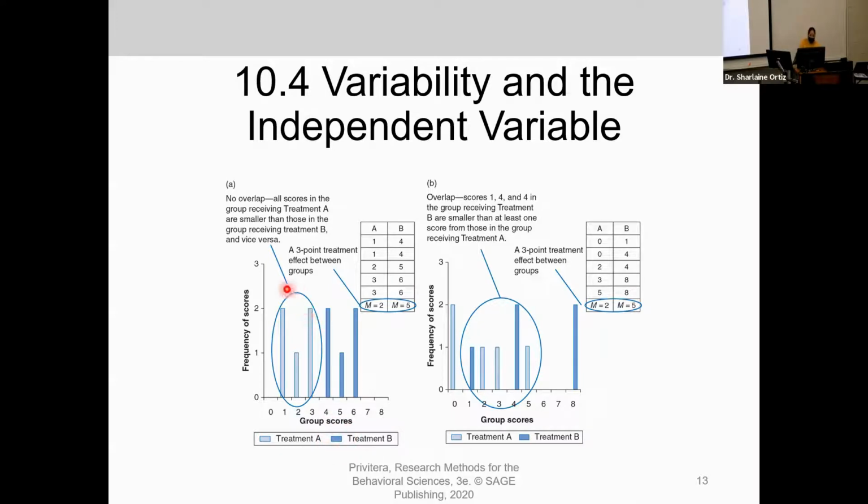Notice that when we look at the frequency of scores, say for substance use, there is no overlap. What we are trying to say is that therapy, not individual differences, had the effect on the frequency of symptoms.